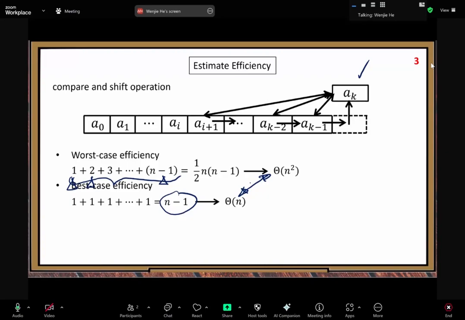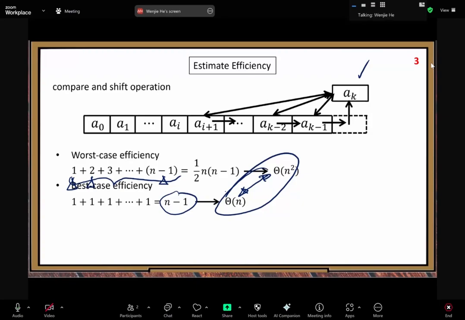This property, the big difference, is very important for insertion sort. It could be useful in some real world situations. So later we will take a look at how to use this property.